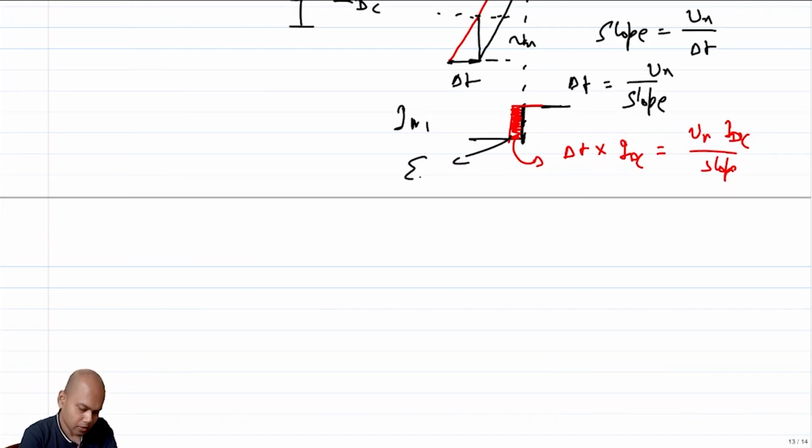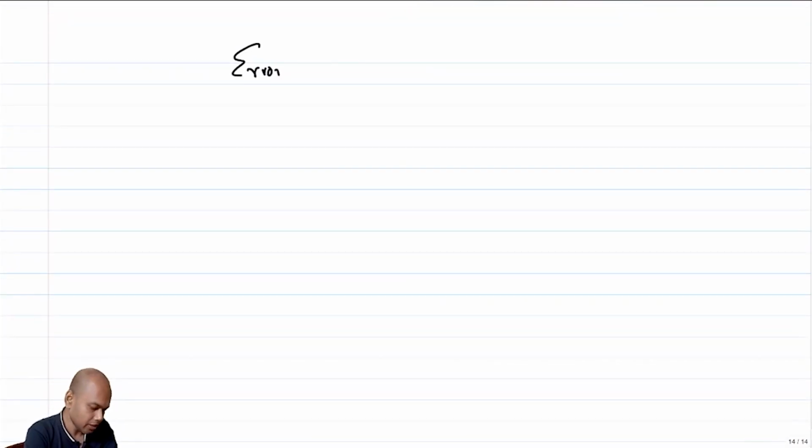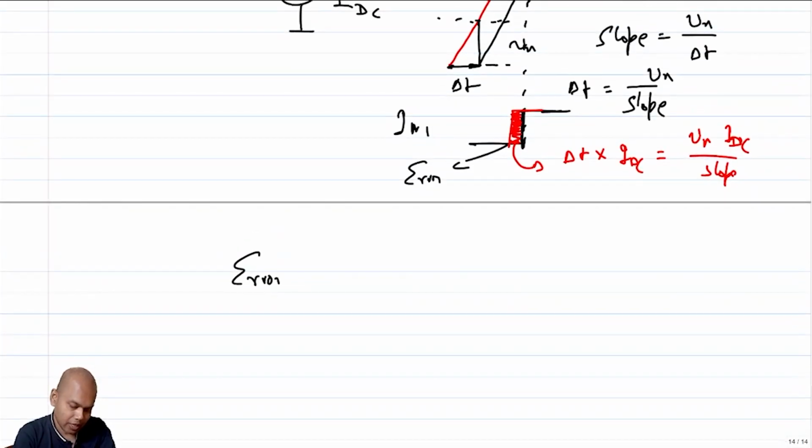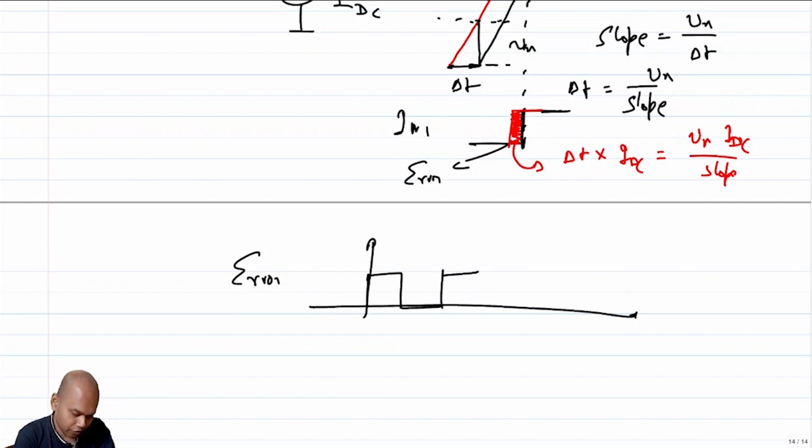If I check the error charge, or the error current that is going in, let's say this is S of t, and I know that at every edge there will be an error current. Then I'll express the error in terms of deltas.